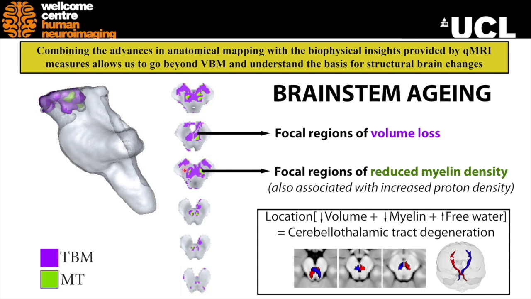But because we had our quantitative imaging, we knew that in the middle of this volume loss, we were having focal regions of reduced myelin density. And whilst not shown on this figure, we also knew it was associated with increasing proton density. And so combining this information, we were able to conclude that what was happening as people got older was that you were getting focal degeneration of the cerebellothalamic tract.